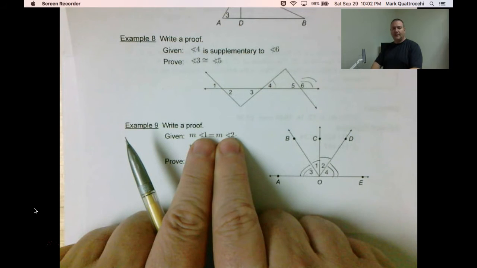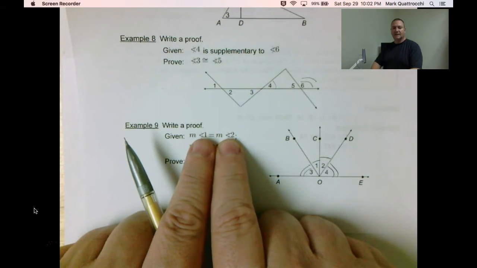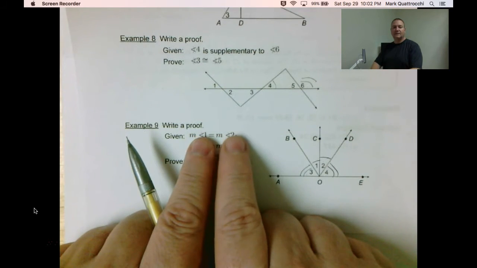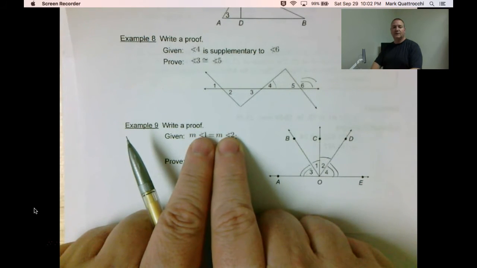How do I keep it balanced? Well, the different properties of equality allow me to keep things balanced. I can subtract equal things from both sides, I can divide equal things from both sides, I can multiply equal things to both sides, and I can add equal things to both sides. So if I add equal things, something to the left and something to the right that are equal to each other, then I've kept the equation balanced.